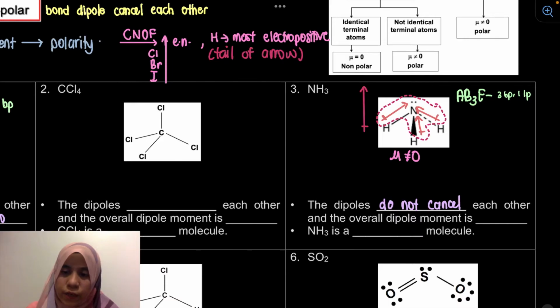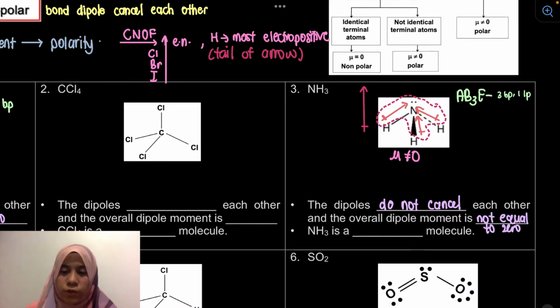Sebab yang ini, contohnya if you take this one ke atas, this one pun ke atas juga. So, it is the same direction kan. So, does not cancel each other lah. Do not cancel each other and the overall dipole moment is not equal to 0. Ataupun nak tulis not 0 pun boleh juga.